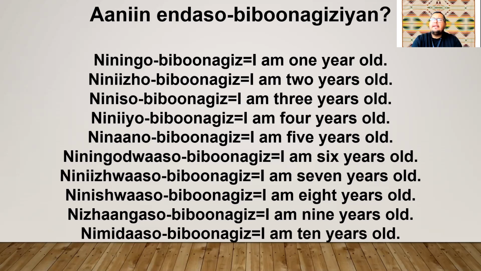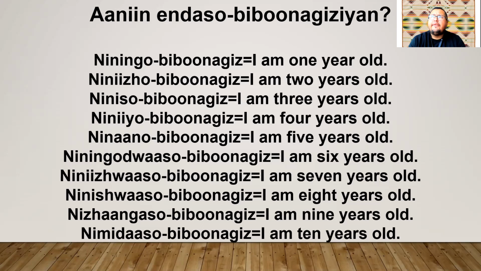So this kind of ties along into our self-introduction. You give your name, your clan, and where you're from. Basic Ojibwe protocol, Ojibwe introduction, and then you can add on to your introduction. You give your name, your clan, where you're from, and you can say how old you are.